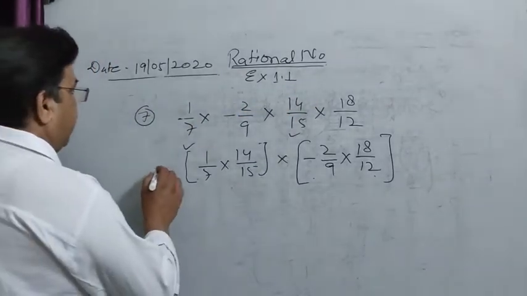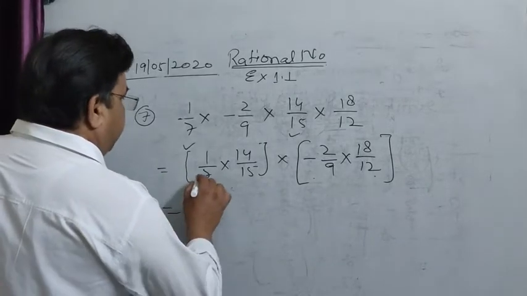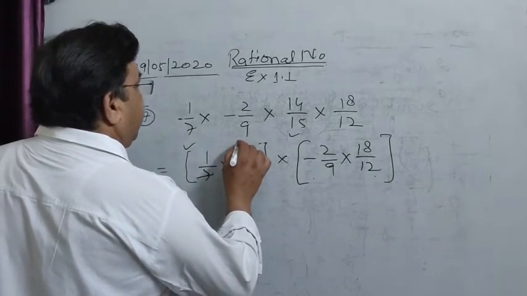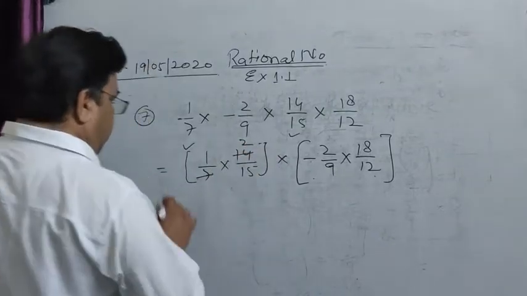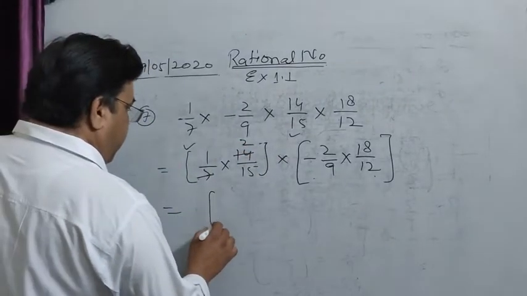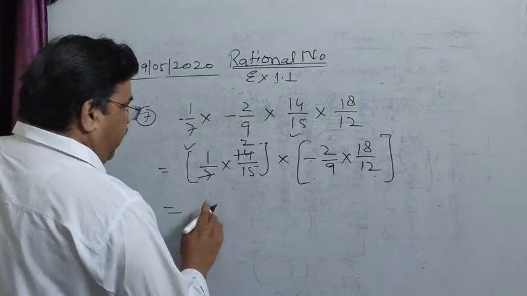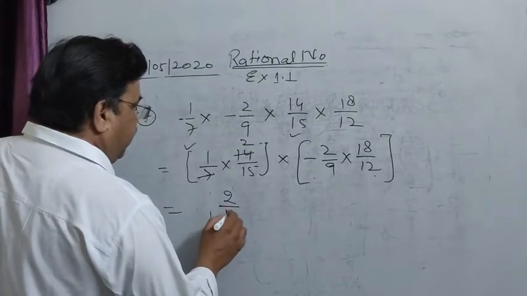ठीक है, ओके, 7 14 cancel by 7 2 times, and the answer is 2 by 15.